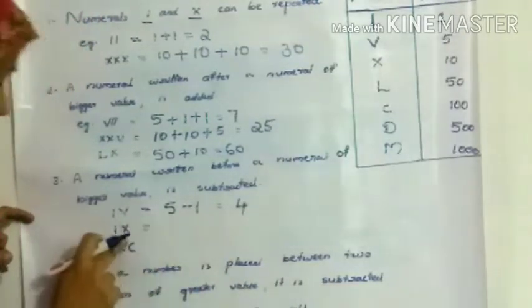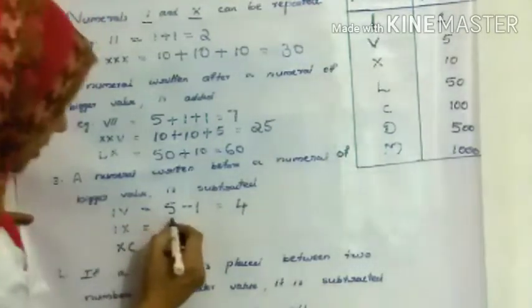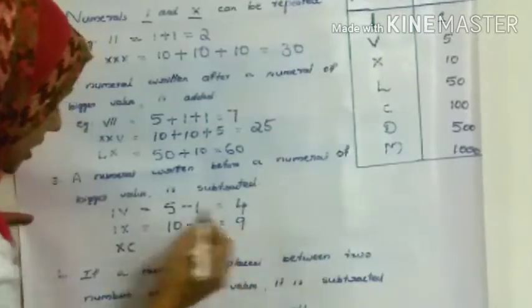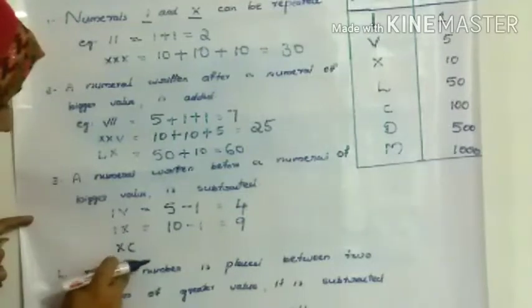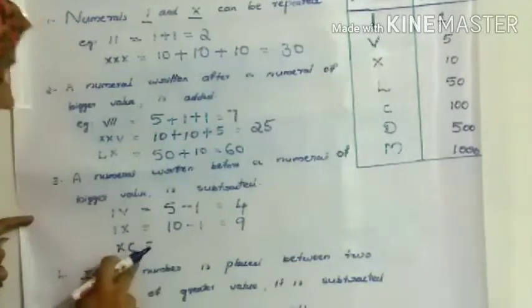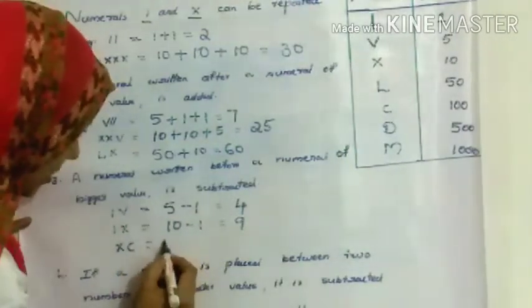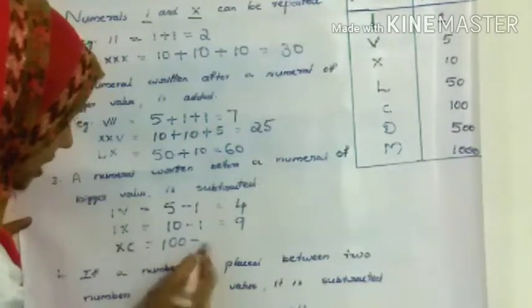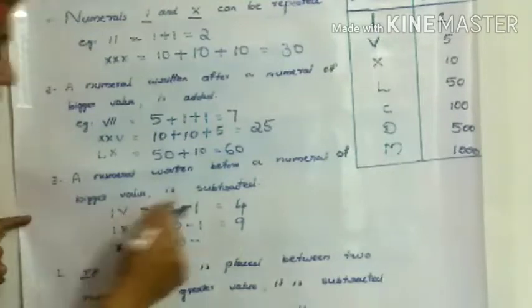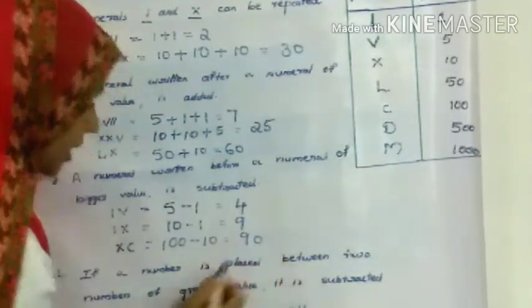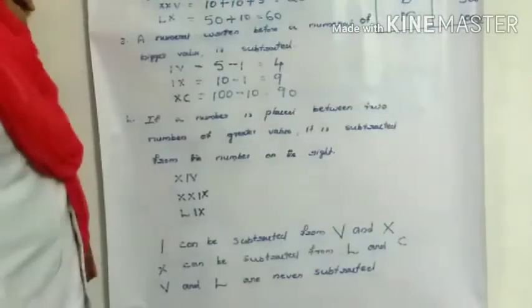The next one, 10 minus 1, that is 9. Then which one is this? C represents 100, and X represents 10. 100 minus 10, that is 90.